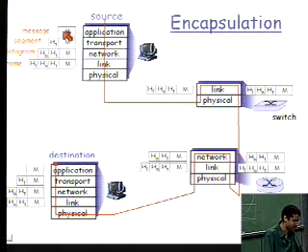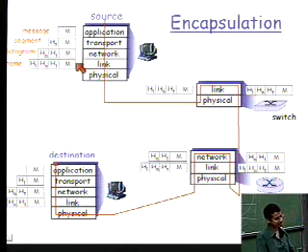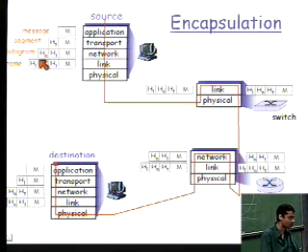So you have the original bits, which were the message, and then these headers get tacked on to those bits, and at the link layer you have three different sets of headers. But because of the layering architecture, the link layer does not care and does not know what's happening beyond the link layer header.